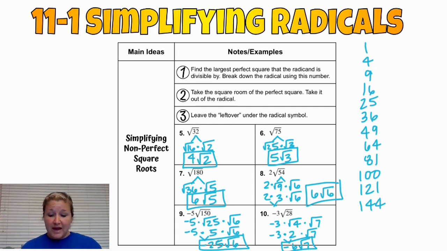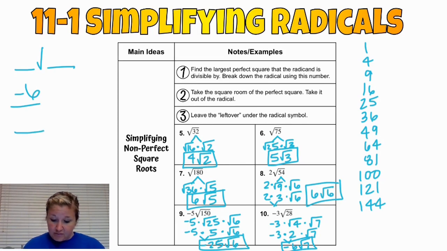Okay. So now on your skill check, pay close attention. On your skill check, it says blank, and then it has what looks like a little check mark, and then another blank. So if there's a number out front, if I were to write the answer from number 10 in here, my first blank would be -6, and then the second blank is going to be 7.